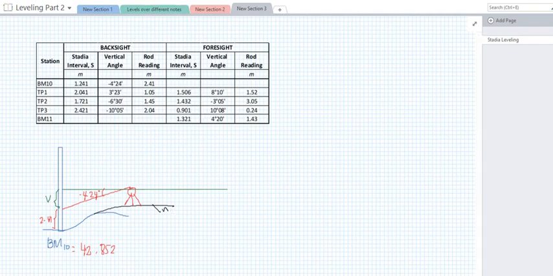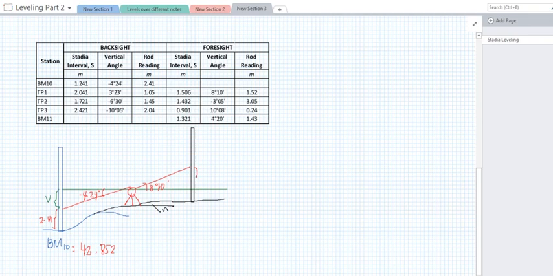Okay. Then we have the foresight of 1.06, at 8 degrees 10 minutes. So it is pointing upward.